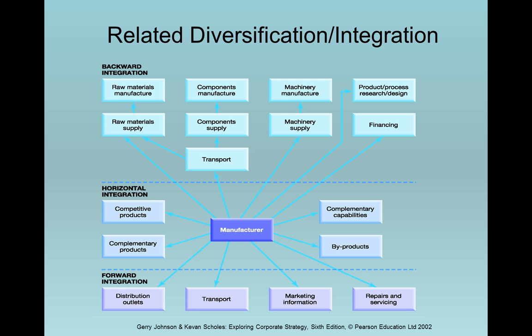But then sometimes manufacturers may go for some form of backward integration, and you may remember that Porter talks about this in his five forces analysis. So a manufacturer may decide to buy up its machinery suppliers, or maybe some of the components or raw material suppliers.